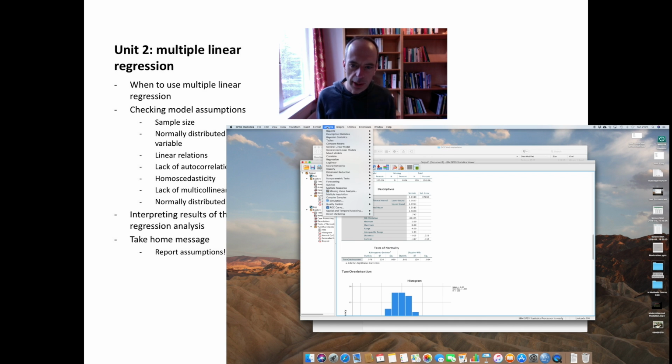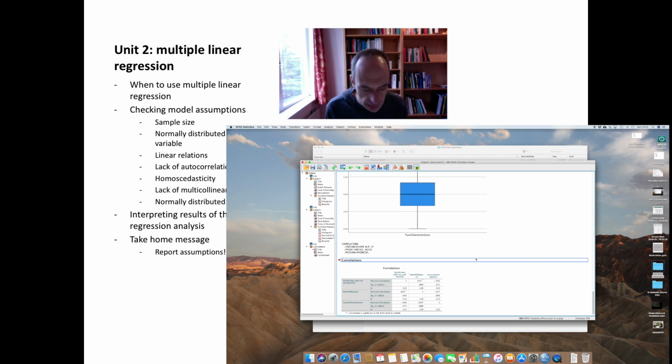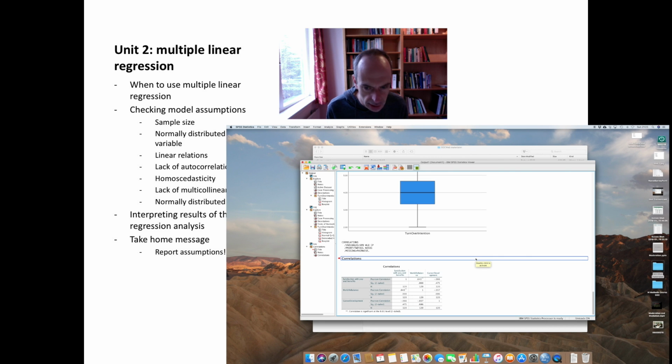Okay, so now let's take a look at multicollinearity. We can do it in 2 ways. We can look at a table with the bivariate correlations or a correlation matrix, and we look whether all correlations between independent variables are between minus 0.7 and 0.7. So we choose Analyze, Correlate, Bivariate, select them, and we see that, well, it's pretty much all right. What we can also do is to look at the variance inflation factor.